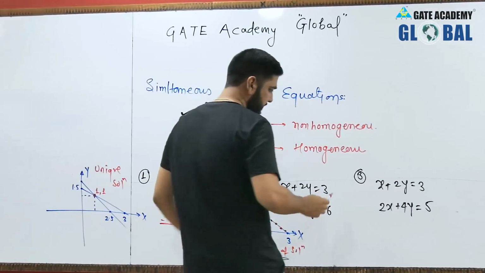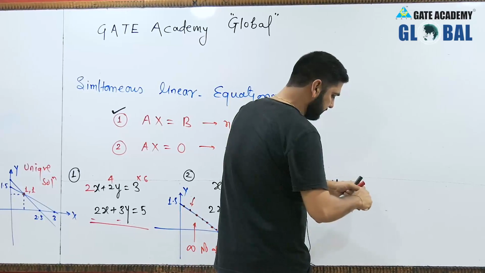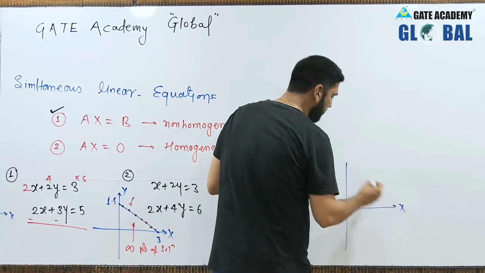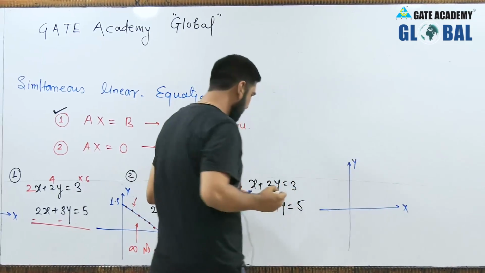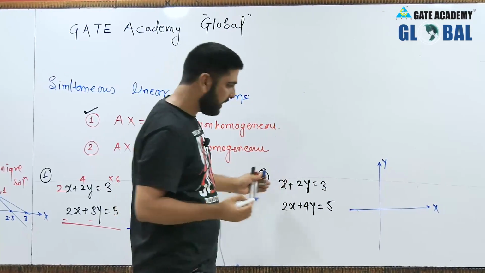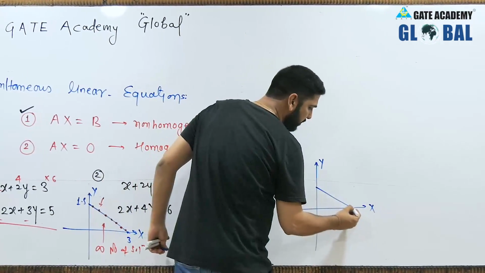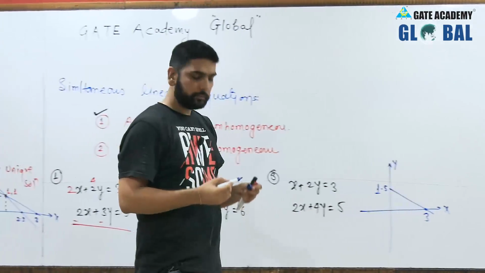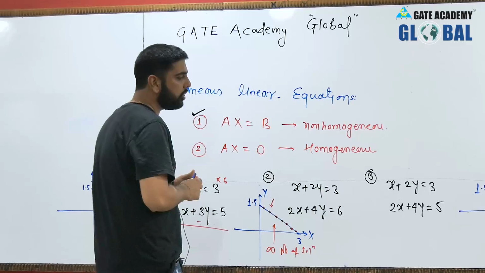Again the third system. The first equation is the same, so there is no problem while drawing it. We have x equal to 3 and y equal to 1.5. Now the next major concern is to draw the second line.